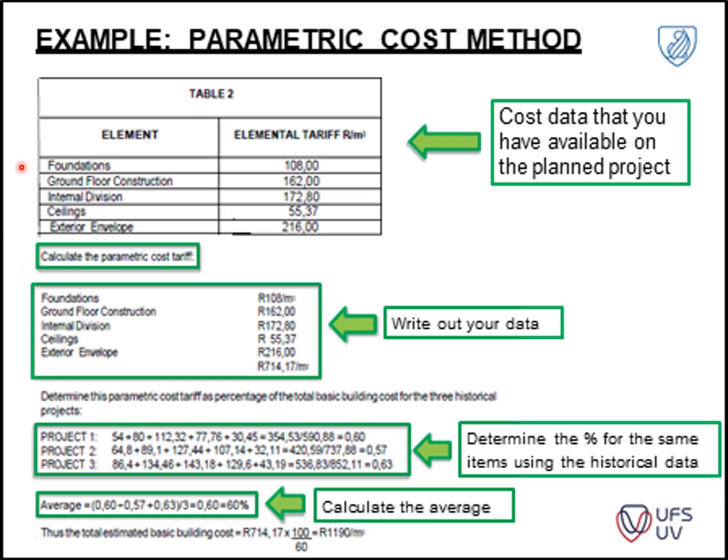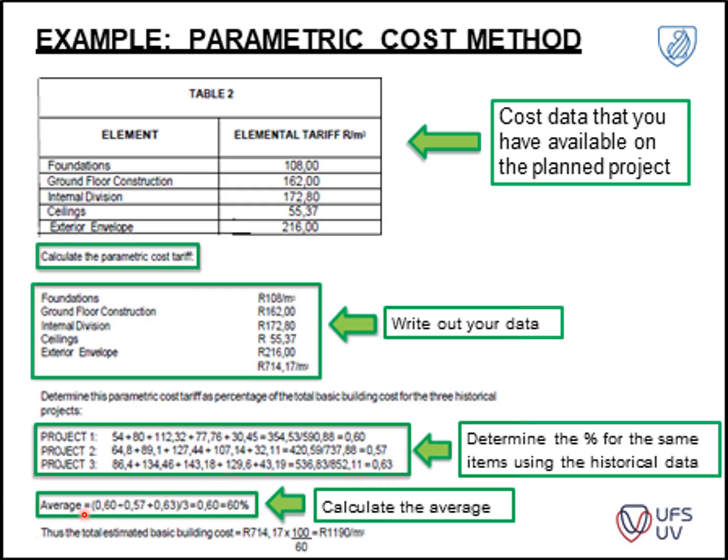So project 1, the foundations, then you go to the ground floor, the internal divisions, the ceilings, and the exterior walls, and you add them all up, and you divide it with your total cost for that building to calculate how much did these items contribute to the total cost of your building. So in project 1, we could see it contributed 60%, project 2, 57%, project 3, 63%.